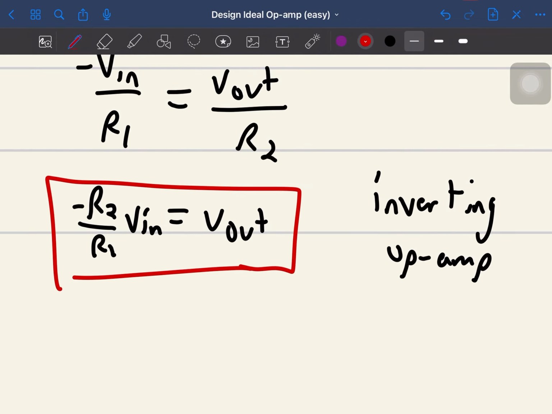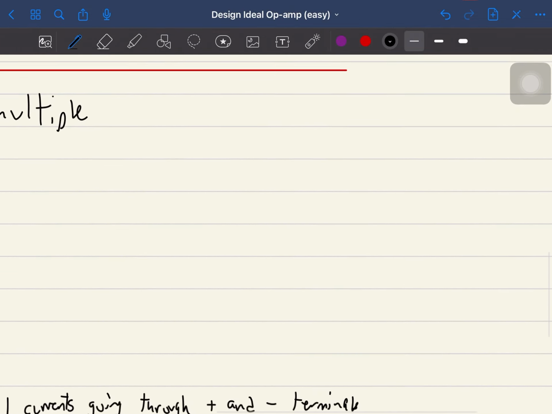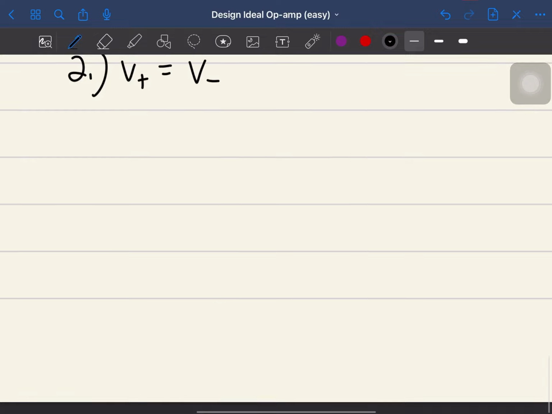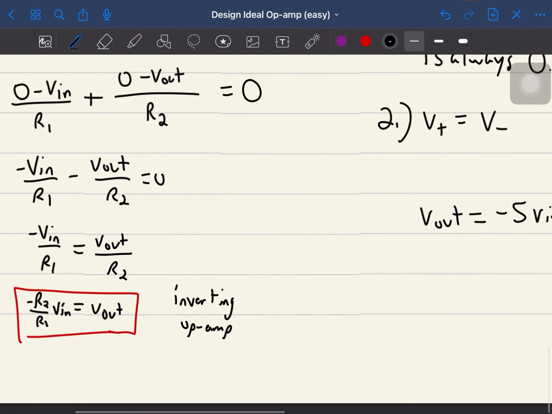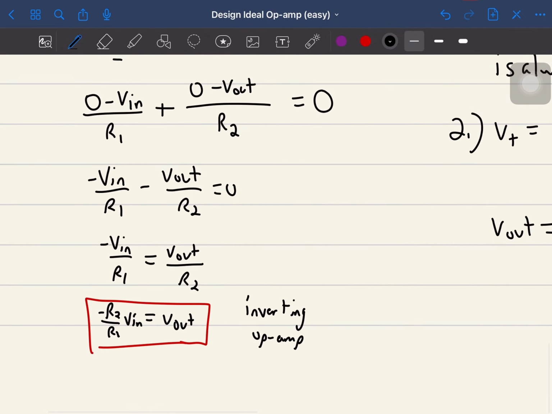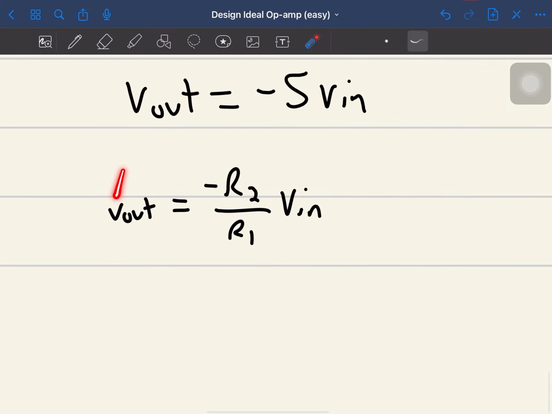Now, since we have the equation, we could relate it to this equation. V out equals negative 5 V in. And with our equation, it is V out equals negative R2 over R1 V in. So based on this, these are the same and these are the same.